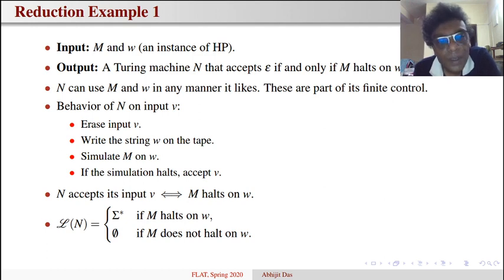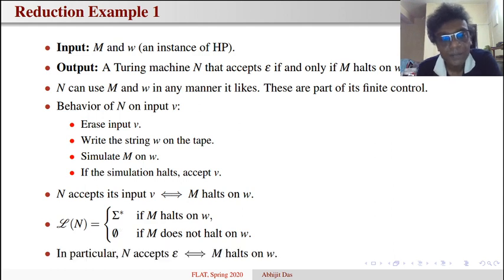In particular, epsilon is a member of sigma star. So if M halts on W, N accepts epsilon. If M does not halt on W, then it accepts nothing. In particular, it also does not accept epsilon. Okay, so this reduction is perfect.